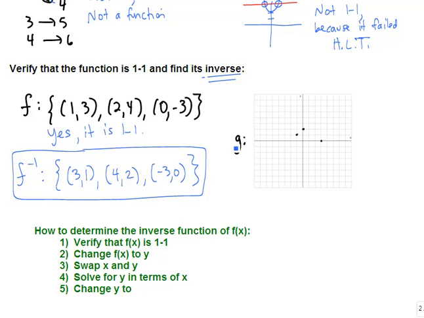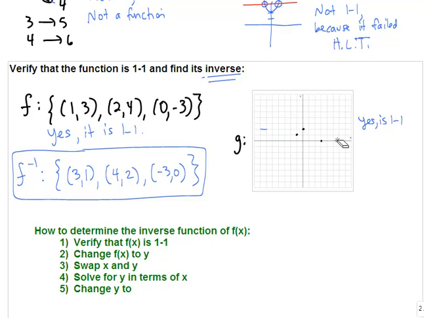For the next example, g, all we're given is a set of dots, a set of ordered pairs on a graph. So to determine if this is going to be one-to-one, we can use that horizontal line test again. So if you draw a horizontal line through this first dot, it only intersects one dot at a time. So yes, this is one-to-one. Okay?